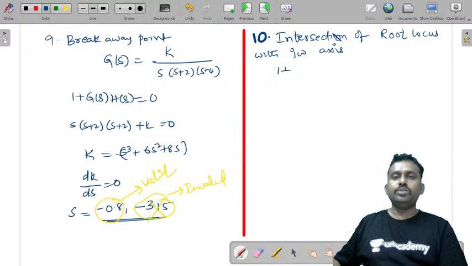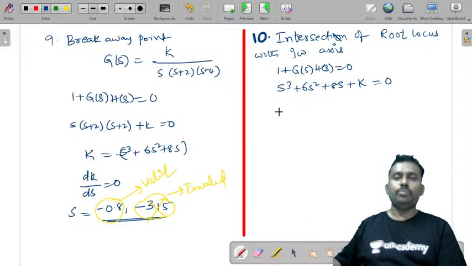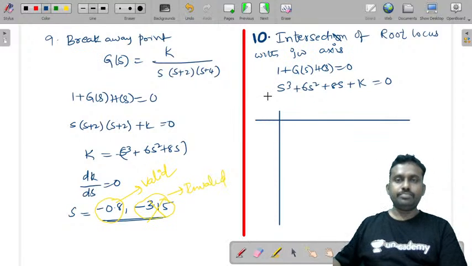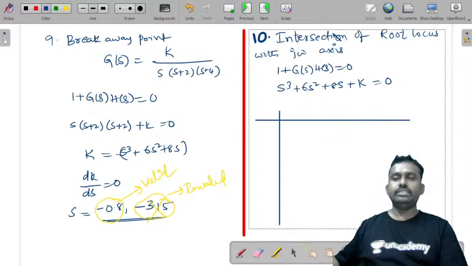You already know 1 plus g of s into h of s is the characteristic equation, and it is s cube plus 6s square plus 8s plus K is equal to 0. Yesterday we already discussed how we find these things. I'll take this to the next slide once again so that it will be easy for us.